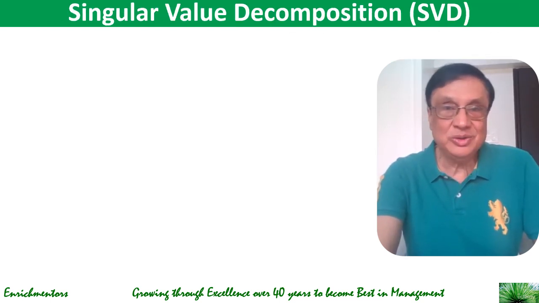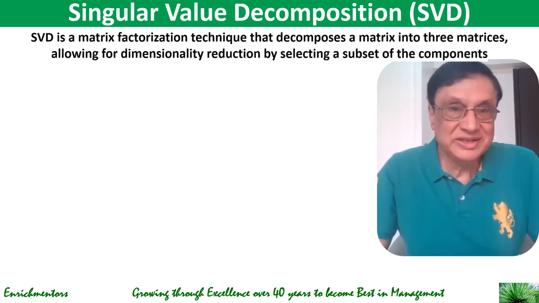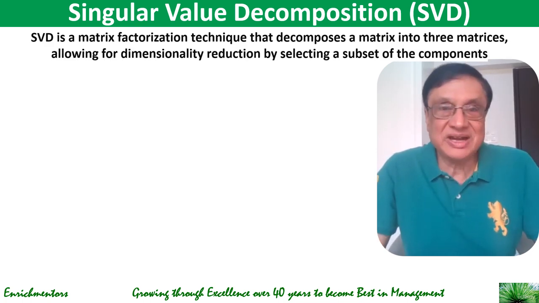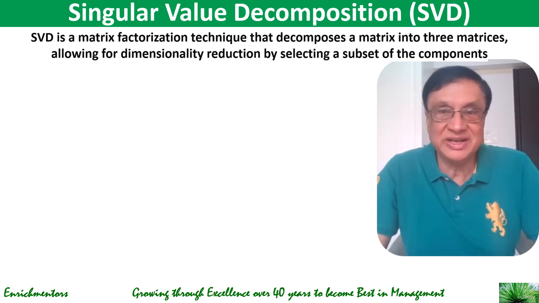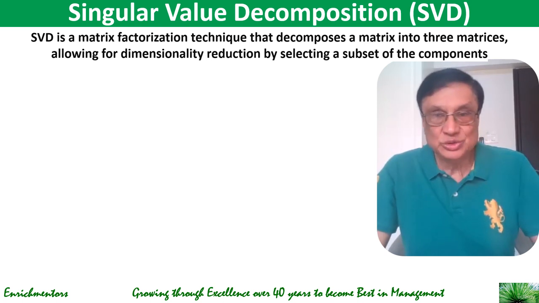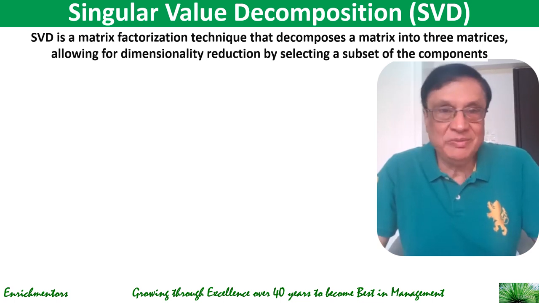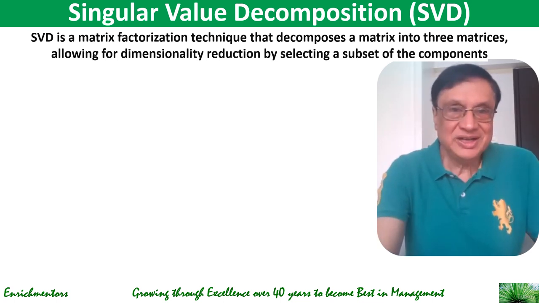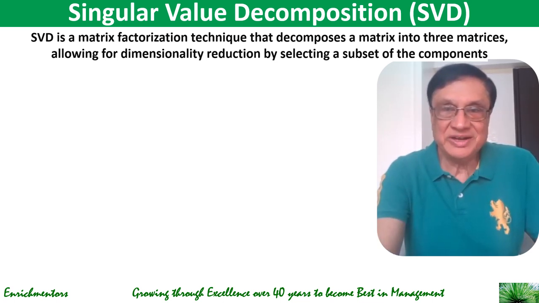Then the last one to look at is singular value decomposition. It's a matrix factorization technique that decomposes a matrix into three matrices, allowing for dimensionality reduction by selecting a subset of components. So you feed the data, your y and x data, in a matrix form, and then you get three matrices, the factors of the matrix, that allow you to reduce dimensionality.